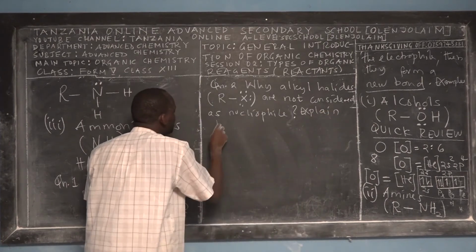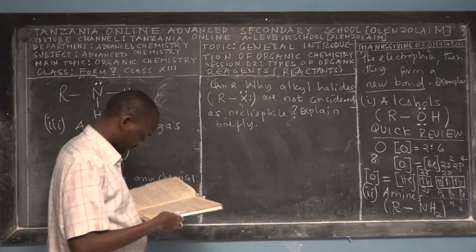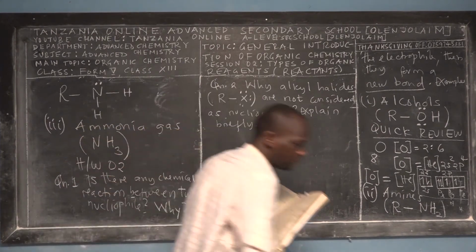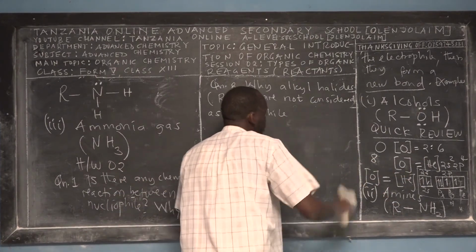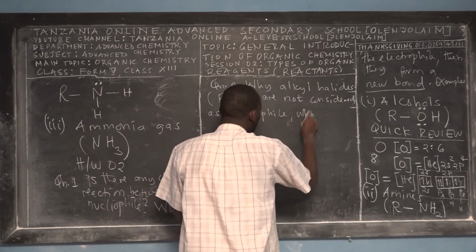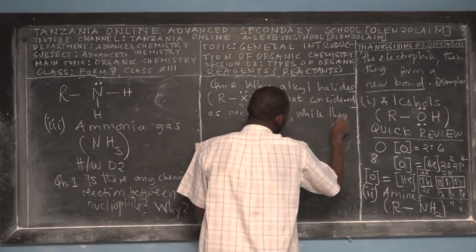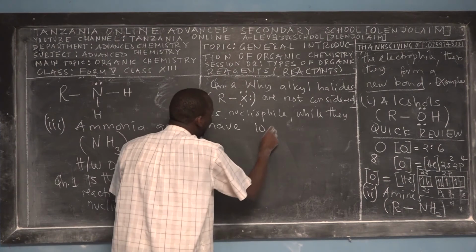briefly. You have to make sure that you do this homework before we meet. Okay? I didn't finish. Alkyl halide is not considered as a nucleophile. Why? Why do they have lone pairs?